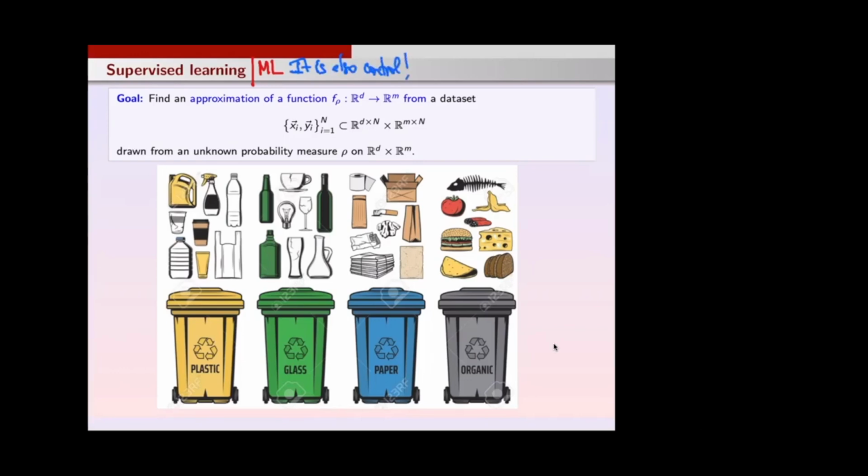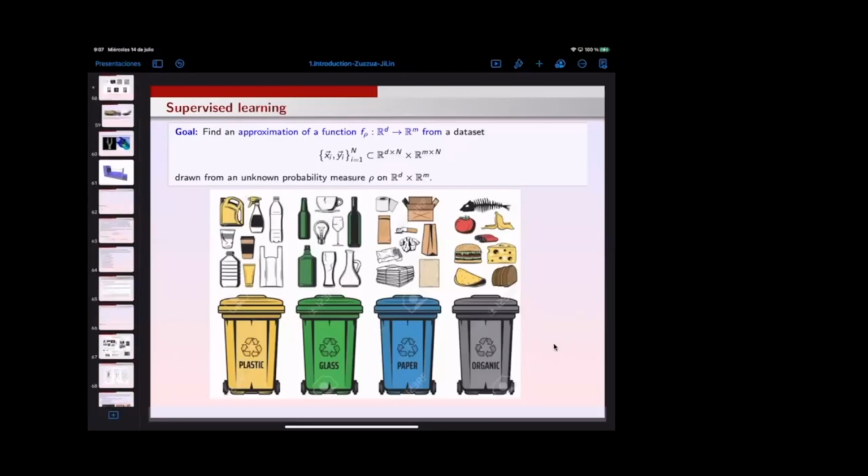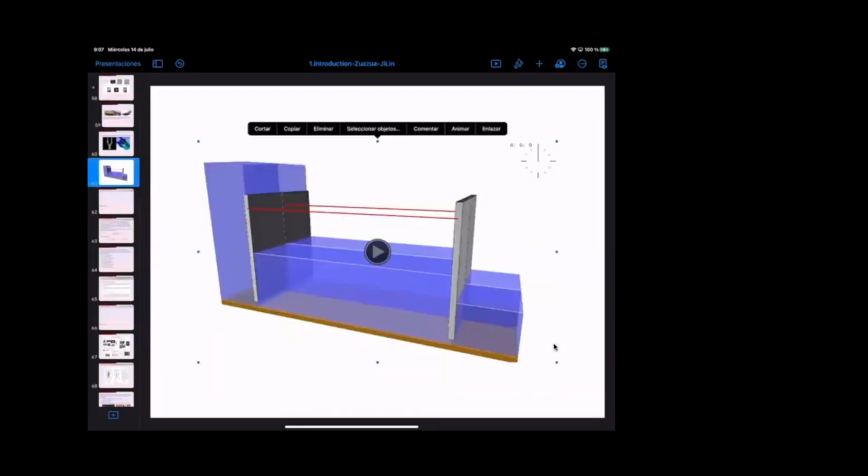The main difference in this case is that we don't know what the model is, right? We don't know what the model is. When I was considering, for instance, the problem of water tank regulation, I know, yes, of course, there are equations in fluid mechanics for such a problem, right?